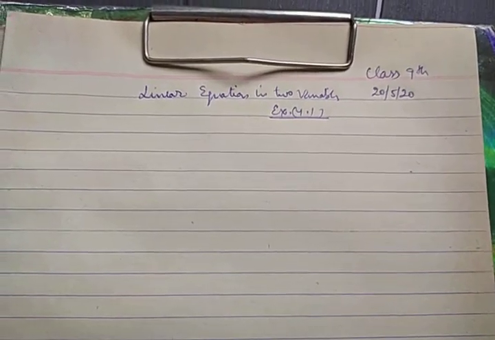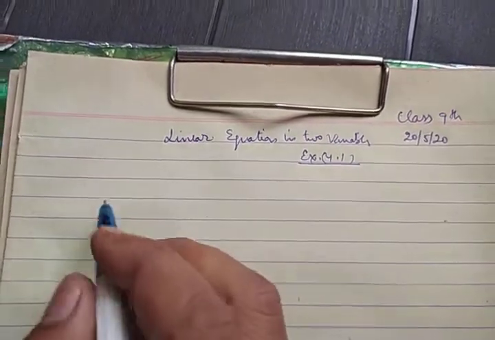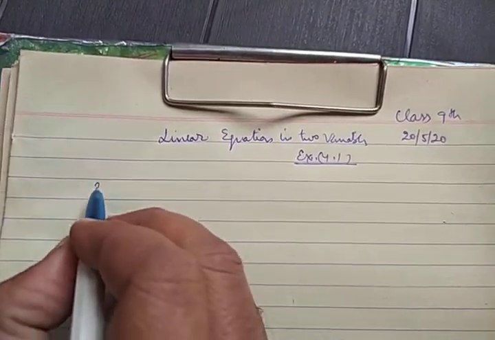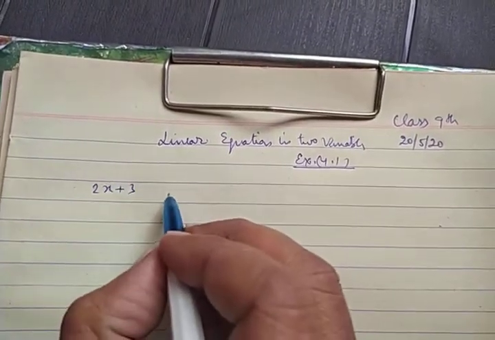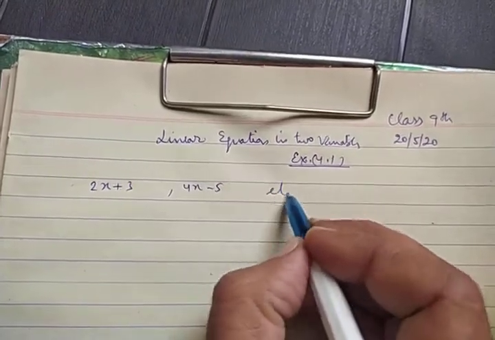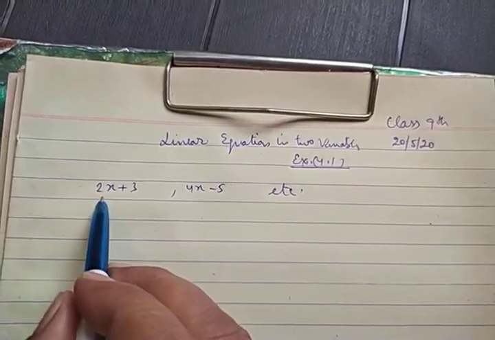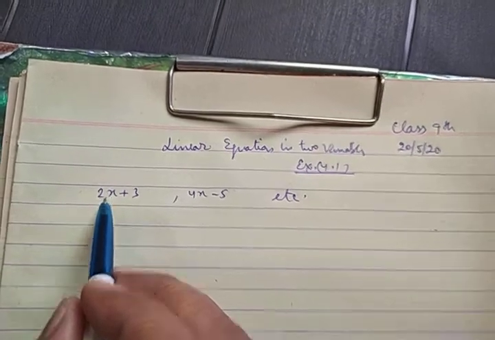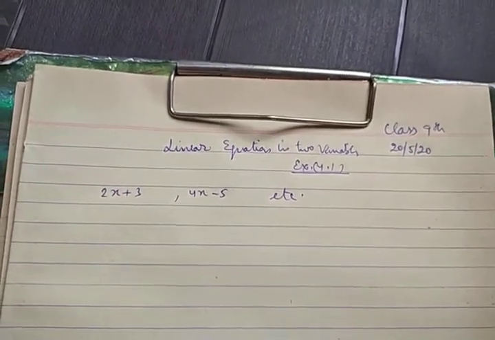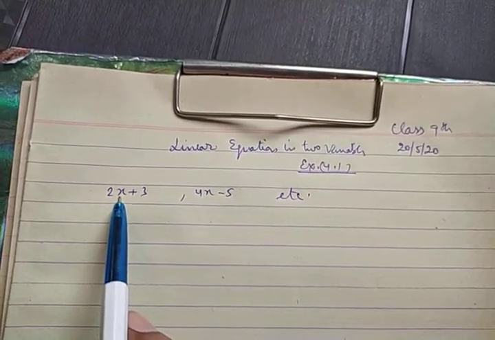You should remember that during the discussion of the polynomial chapter, I discussed the linear expression. The polynomial was a specific polynomial that was linear, like 2x plus 3, 4x minus 5, etc. For the linear, I told you if the power of the variable is 1, then it is called linear, and if the maximum power of the variable is 2, then it would be quadratic.